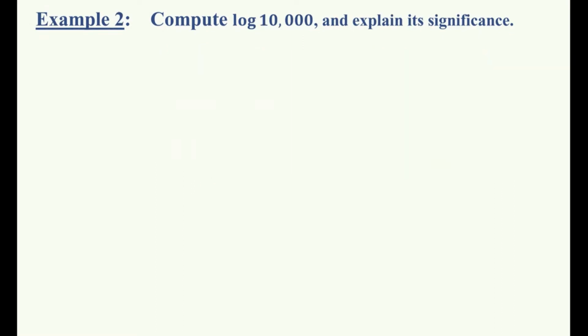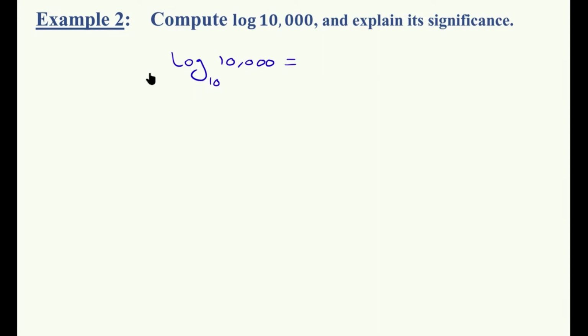Here we have log of 10,000, log base 10 of 10,000. Even when the base is not written, I often like to write it because it helps me understand it better, because I realize I can do this without a calculator. What am I looking for?